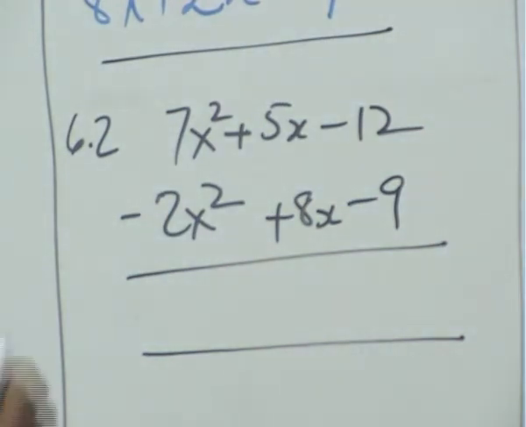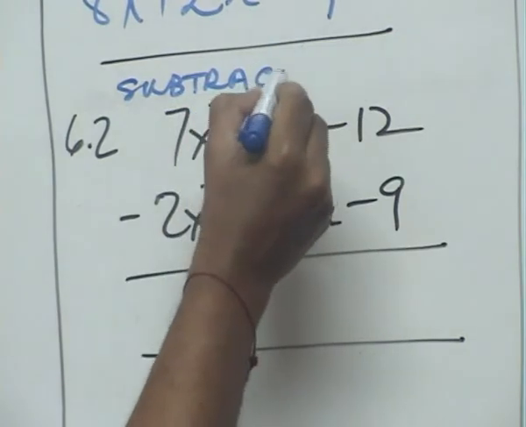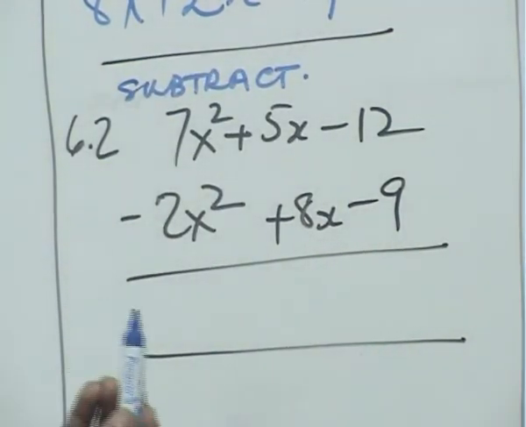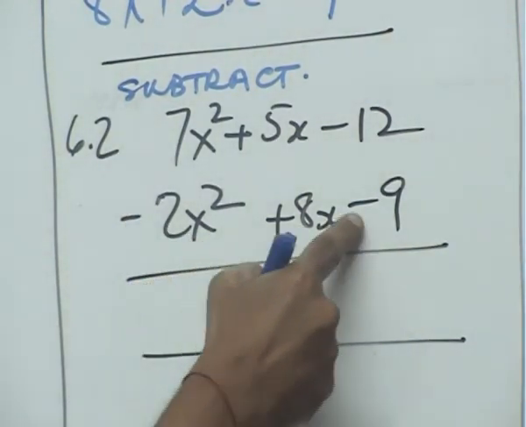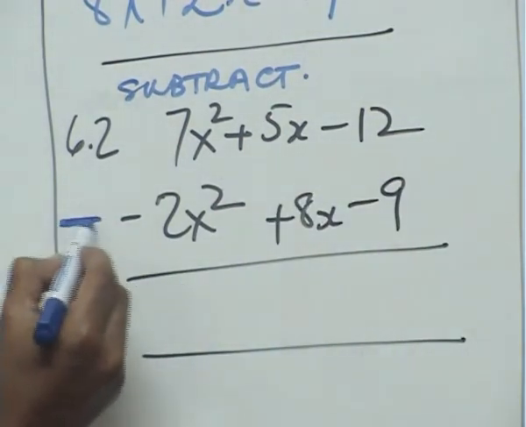6.2. In this example, we were told we must subtract. Therefore, we have to remember the rule. Now, where is the subtraction sign? This minus sign belongs to the 2, this plus belongs to the 8, that minus belongs to the 9. So, there is the subtraction sign.